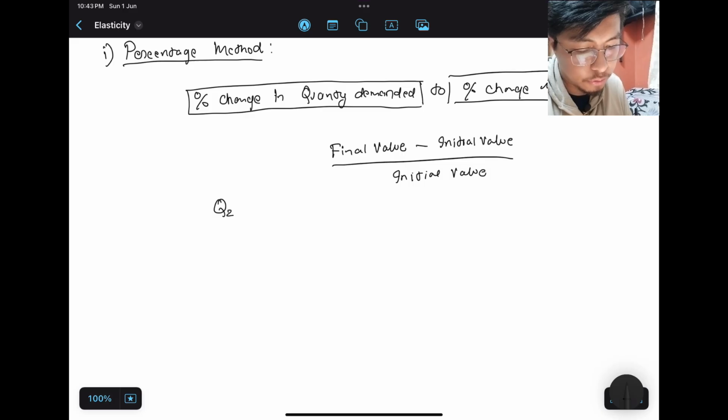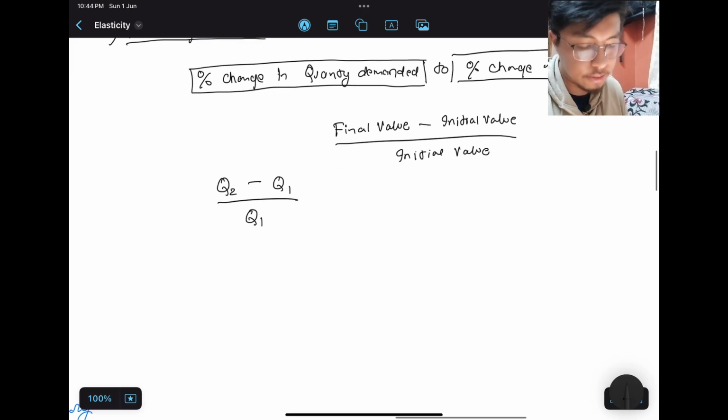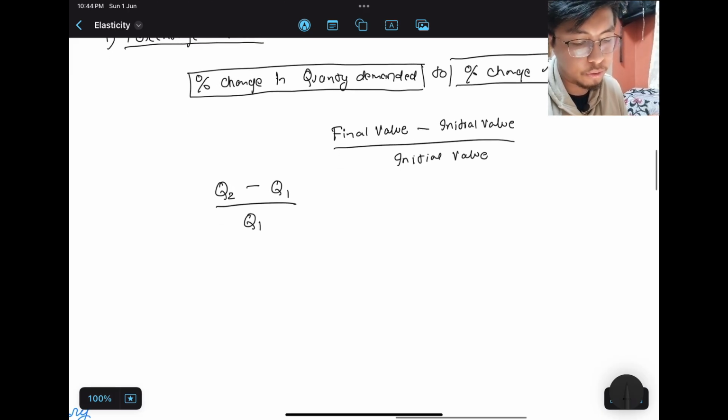You're looking at Q2, the new demand that has come about in response to a change in prices. Q2 minus Q1 upon Q1 will give you the percentage change in quantity demanded.